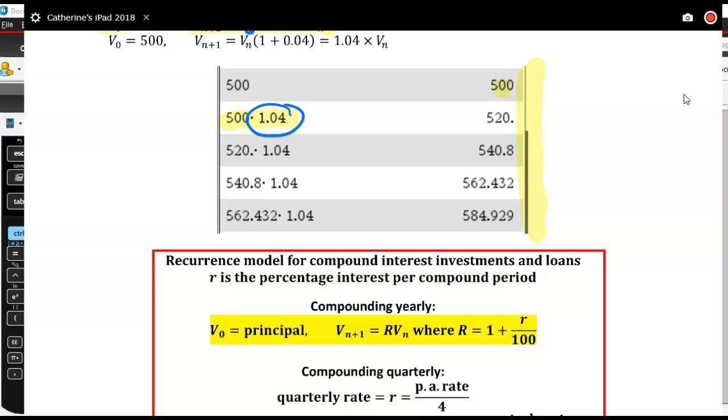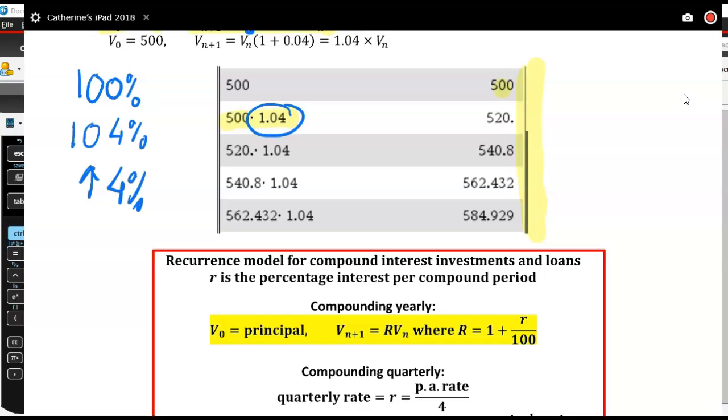If I times something by more than 1, it increases. So you can imagine that 1 is the representation of 100%. If I times something by 100%, it stays the same. Here, you can imagine I'm timesing it by 104%, so I'm wanting it to increase by 4%. That's why I times it by 1.04.